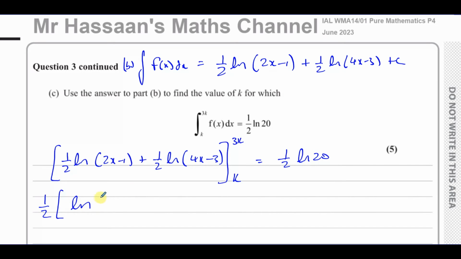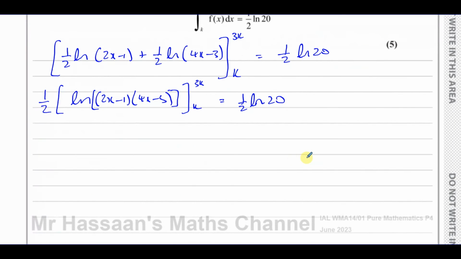We'll have ln of 2x minus 1 times 4x minus 3, all of that inside the ln, so I'll put this in an outer bracket like that. I have my limits 3k and k, and that's going to give us a half times the ln of 20. Now I can multiply both sides of the equation by 2, which will cancel out the halves, and then I've got this left.